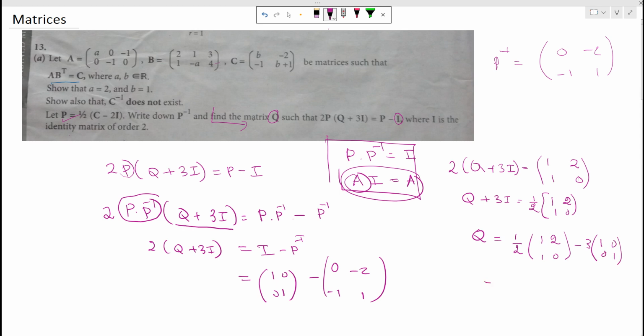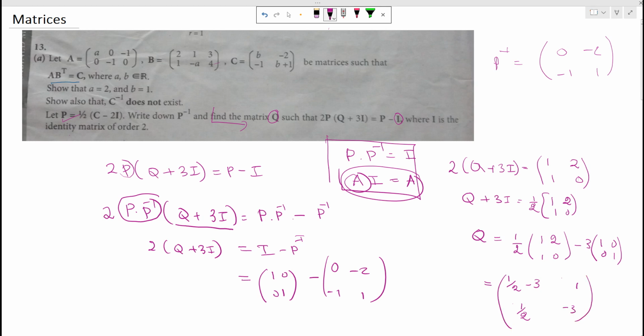Again I have to just simplify this: half minus 3, then 1 minus 0, then half minus 0, that would be half, again 0 minus 0, and 0 minus 3.